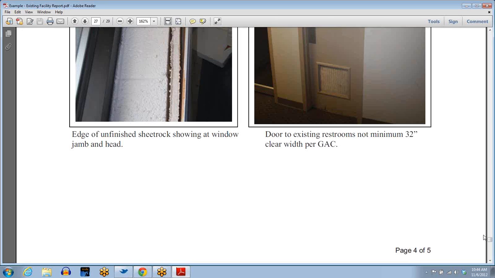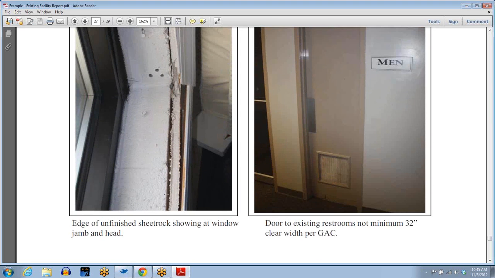So failing to keep up with, say, the caulking in your windows, outside, exterior, and you fail to keep up or replace it on a regular basis and treat it, that can end up letting moisture in and rot away your windows and do other damage. And so you take care of the small things, such as the photo that you're looking at here, the unfinished sheetrock showing at the window jamb that needs to be addressed.